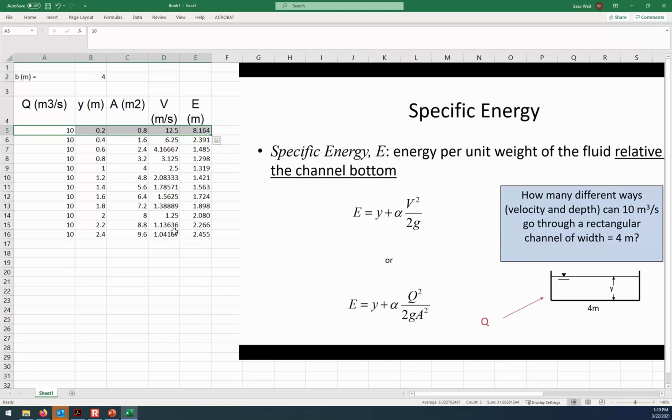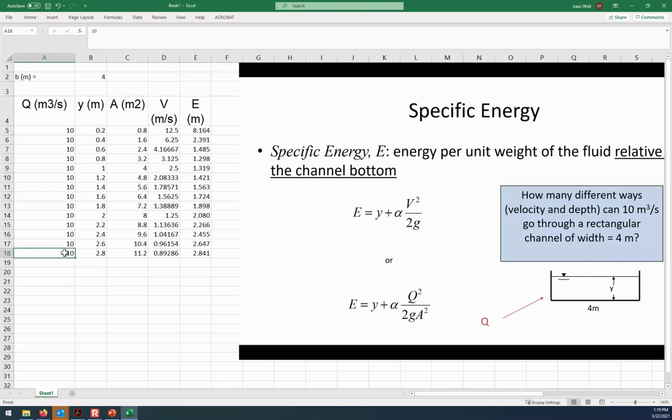On the other end of the extreme is a really shallow slope and a greater depth. You still get the same Q of 10 cubic meters per second, but the velocity is very low, right? If you've got deep flow, then it doesn't need to be moving at the same V in order to have the 10 cubic meters per second.